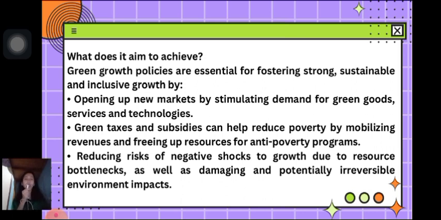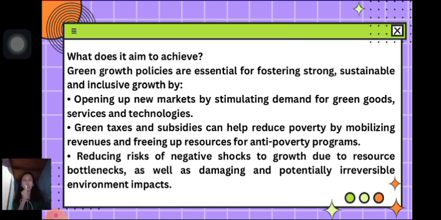So in our own understanding, it aims to open up a new market so that there can be demand for green goods, services, and technologies.